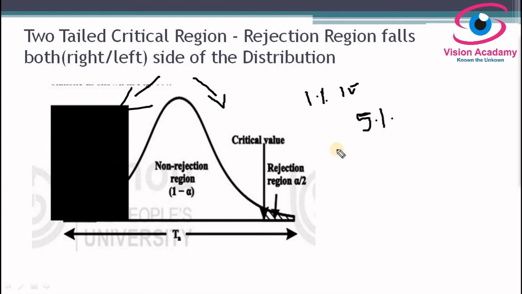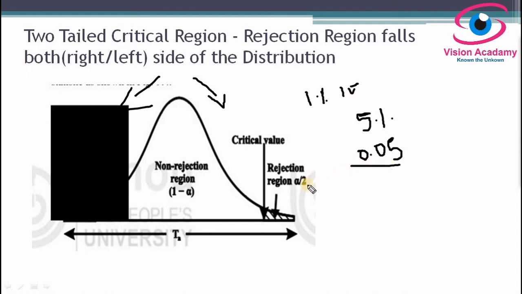It is to improve the confidence of our result. We include our alpha and the remaining 95% is the confidence level, and alpha is the error level. So when you convert alpha, 5%, by dividing by 100, it becomes 0.05, because we have to plot this in the probability of one area. So I have converted it into one value.